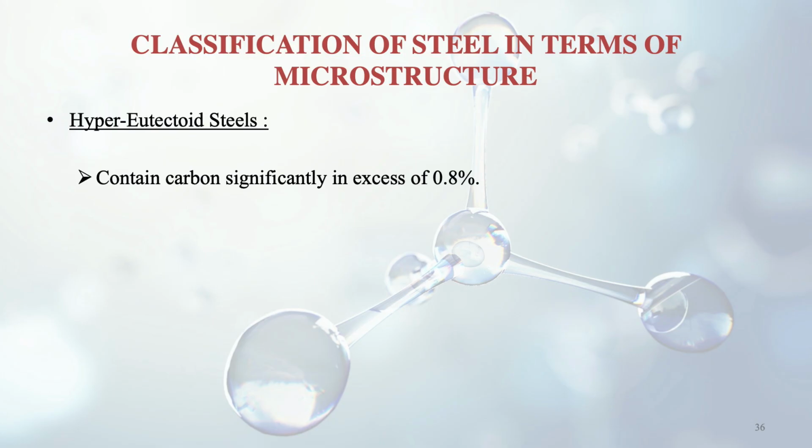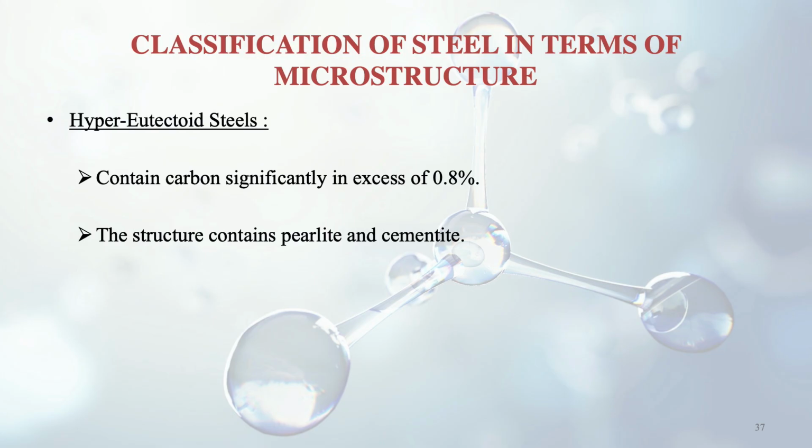Then the final one is the hypereutectoid steels. It contains carbon in excess of 0.8%, as we can know from the name itself. The structure contains perlite and cementite. Like in the case of hypoeutectoid, when we move towards the left, it contains perlite and ferrite. Now in this case, it contains perlite and cementite, because towards the right of the 0.8% carbon line, there is cementite.